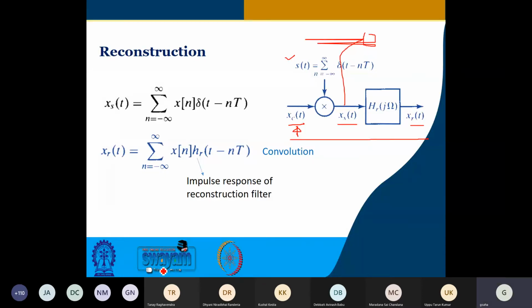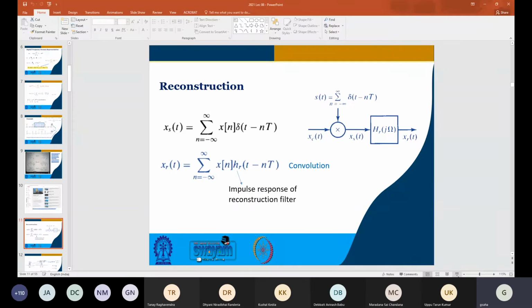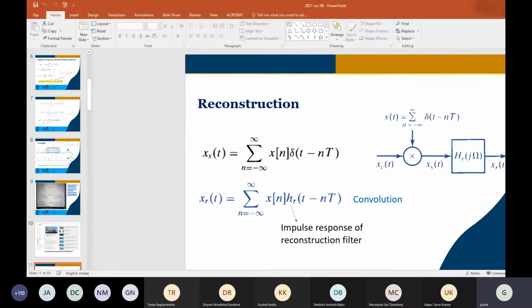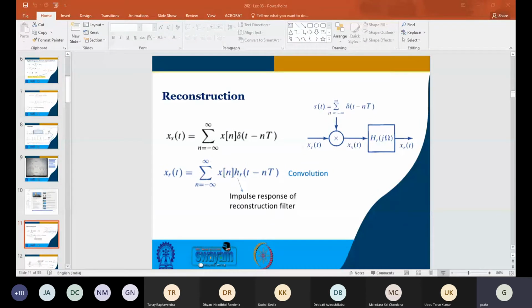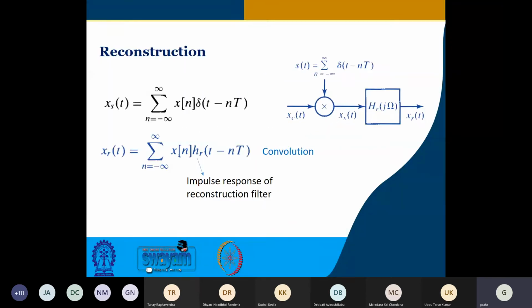I'm just coming out and then rejoining. This drawing becomes a bit difficult sometimes. Over here, of course, it will go to some block which will do some processing, and then you would like to go for reconstruction, right?